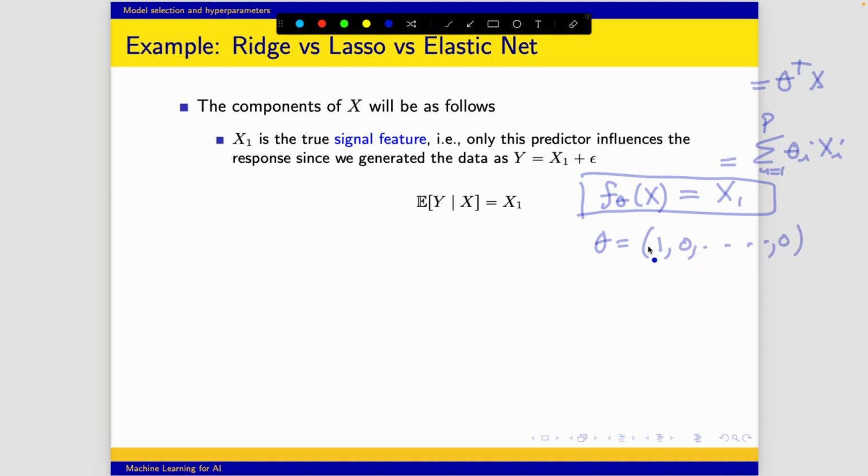Except the first one. Because then all of these would be 0 except the first one, theta 1. That would just become theta 1 x1, and theta 1 is just 1, so we'd get x1. Theta 1 is 1. So this is the true theta: theta 1, theta 2, up to theta p.